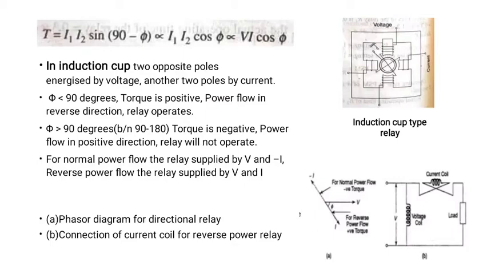Therefore, for normal power flow the relay is supplied by the voltage and the current, and for reverse power flow the relay is supplied by the voltage and the current. So this is the main equation you are going to get for the power relay and the induction cup relay.